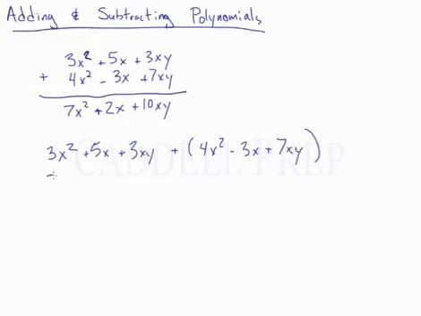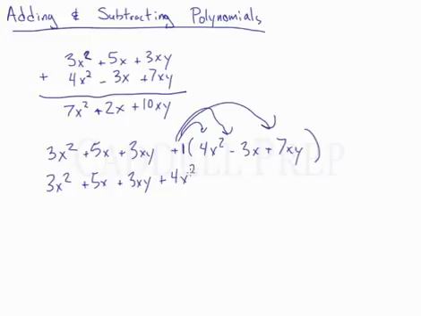So we still have 3x squared plus 5x plus 3xy. We have to distribute this plus sign. It's kind of like having a plus 1 out here. But when we multiply anything by positive 1, it just stays the same. So we have plus 4x squared minus 3x plus 7xy.